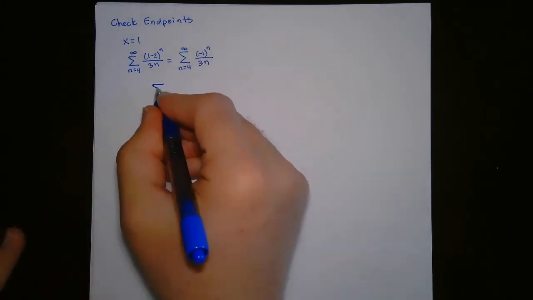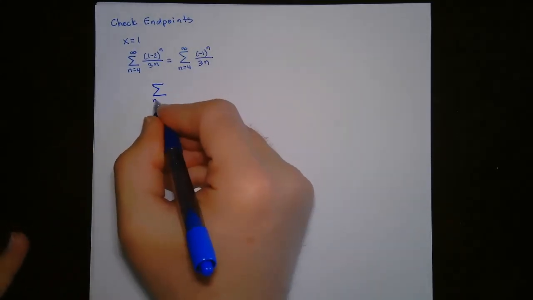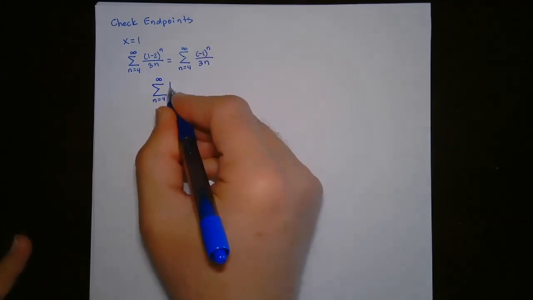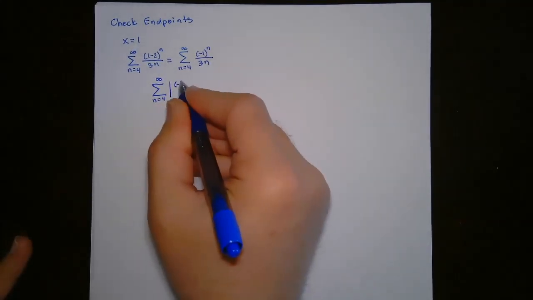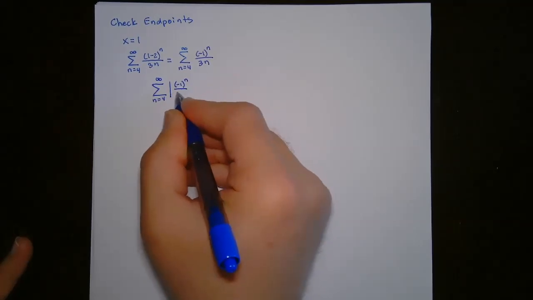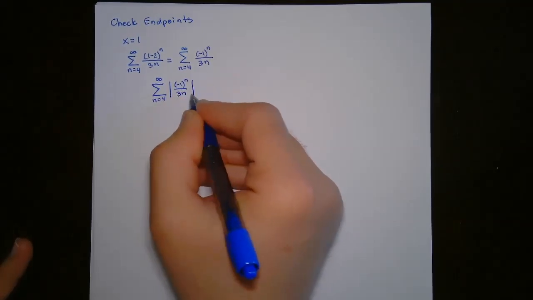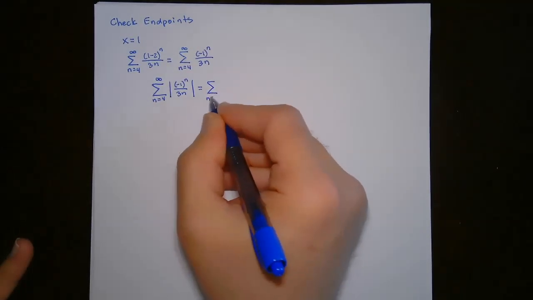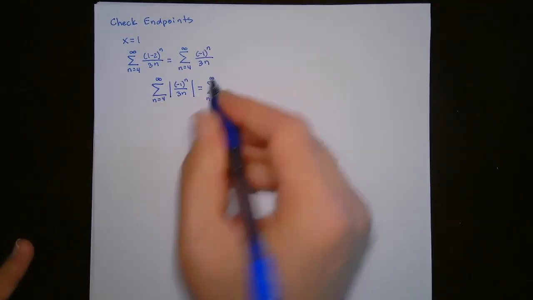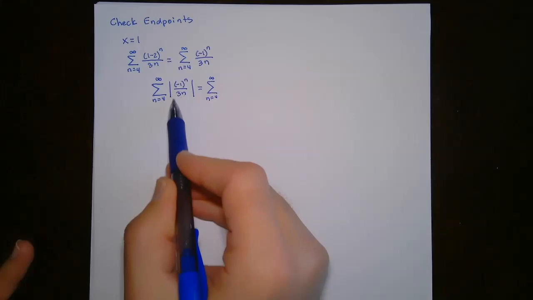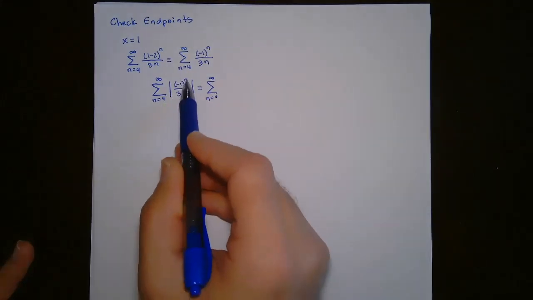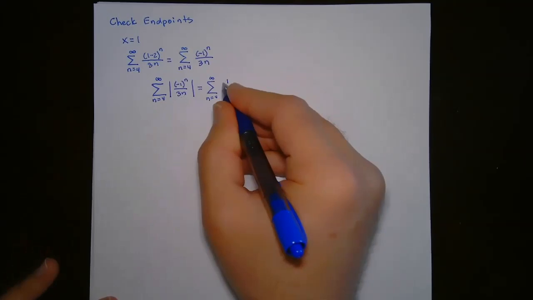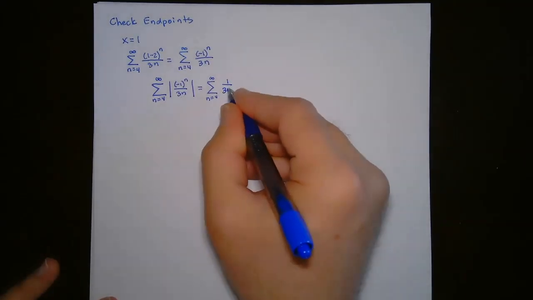So sigma n equals 4 to infinity of the absolute value of -1 to the n over 3n. That's equal to sigma n equals 4 to infinity. Now this denominator is always going to be positive because it starts at 4, and this one's going to be positive because we're taking the absolute value of it, so it becomes 1 over 3n.